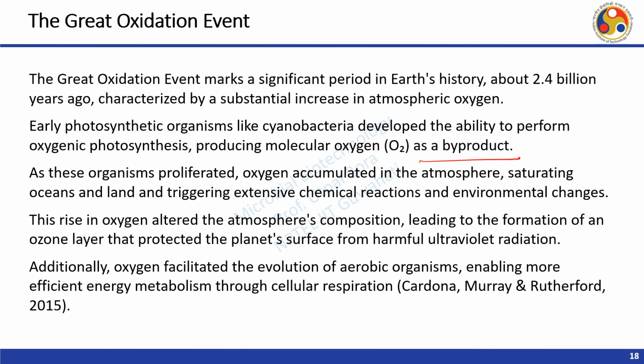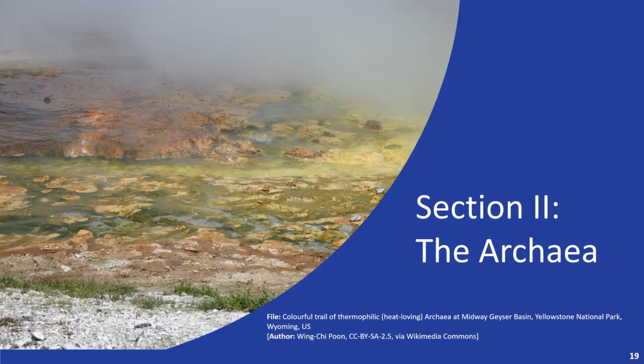As these organisms proliferated, oxygen accumulated in the atmosphere, saturating oceans and lands, and triggering extensive chemical reactions and environmental changes. This rise in oxygen altered the atmosphere's composition, leading to the formation of an ozone layer that protected the planet's surface from harmful ultraviolet radiation. Additionally, oxygen facilitated the evolution of aerobic organisms, enabling more efficient energy metabolism through cellular respiration.